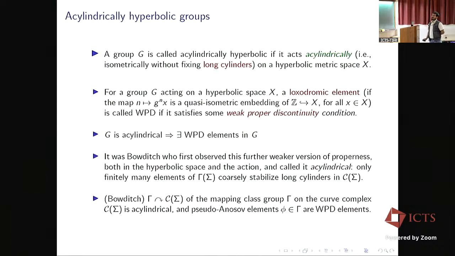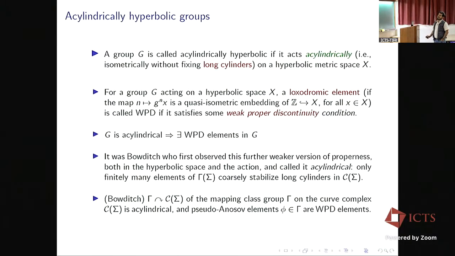Now I will briefly talk about some generalizations, which are acylindrically hyperbolic groups. And the mapping class group is one example of an acylindrically hyperbolic group, because while looking at the mapping class group action on the curve complex, Bowditch observed that in this action, these long cylinders are essentially not fixed.